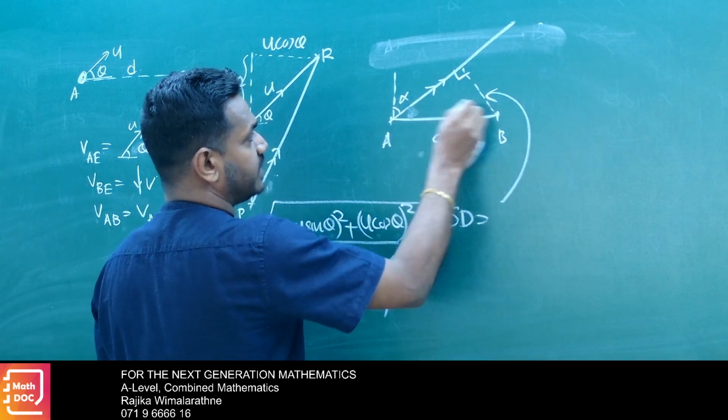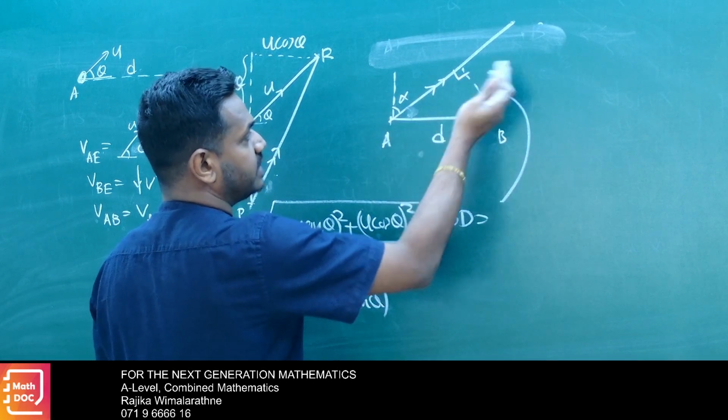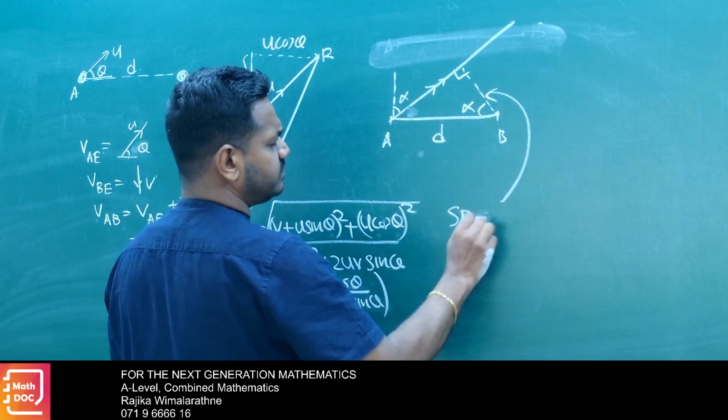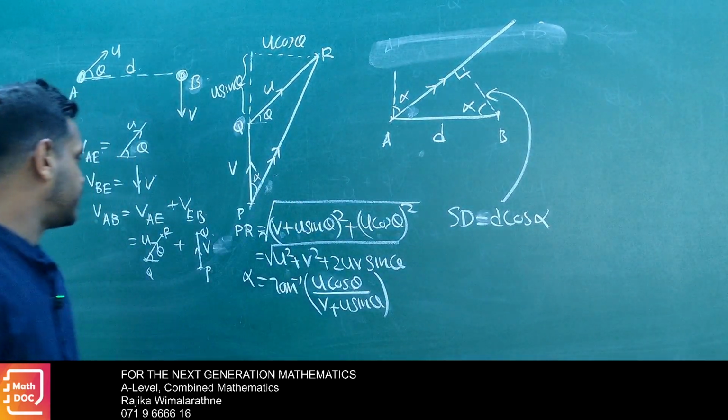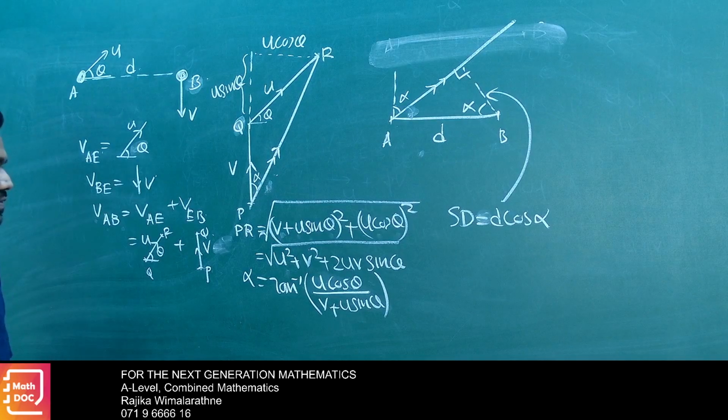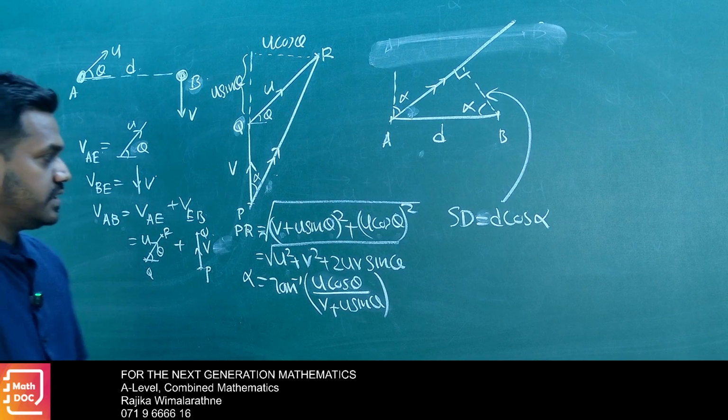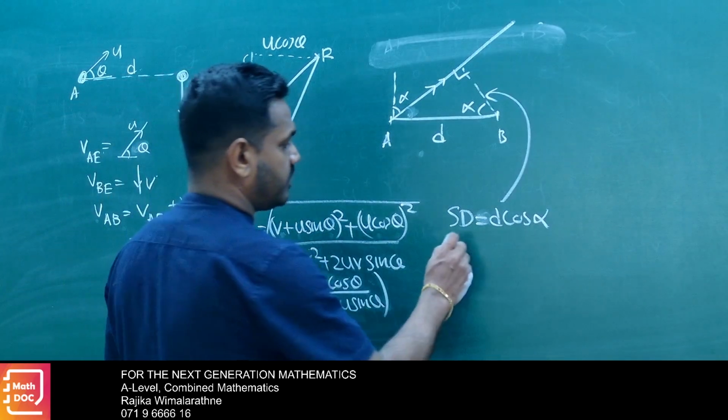Then here the shortest distance: with angle alpha, 90 minus alpha, the shortest distance is D cos alpha.